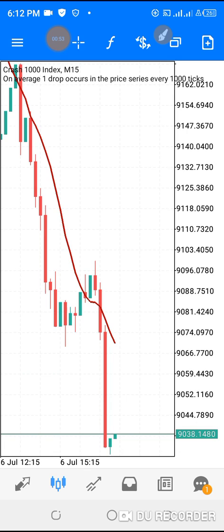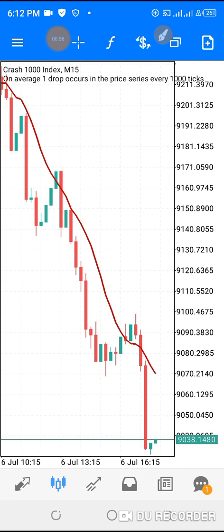Then we go. So with the trend, the first thing you need to know is to identify the trend. How will you identify the trend? You identify the trend by using the 1 hour time frame. You confirm it with a 4 hour time frame for you to know the trend.